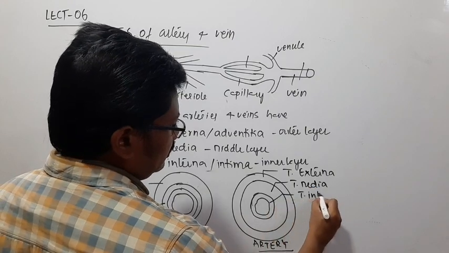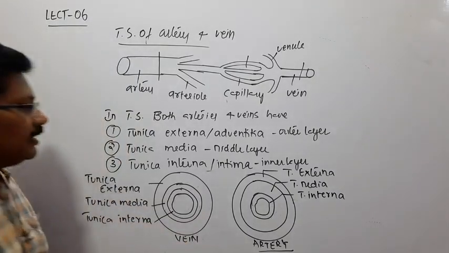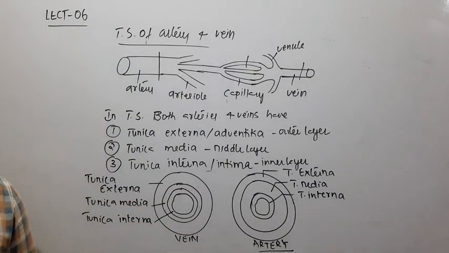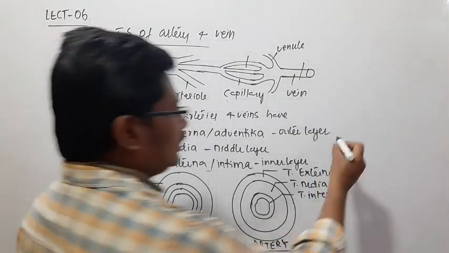In this case also you will see the same: this is tunica externa, this is tunica media, and this is tunica interna. The tunica externa is composed of fibrous connective tissue and also collagen fibers.